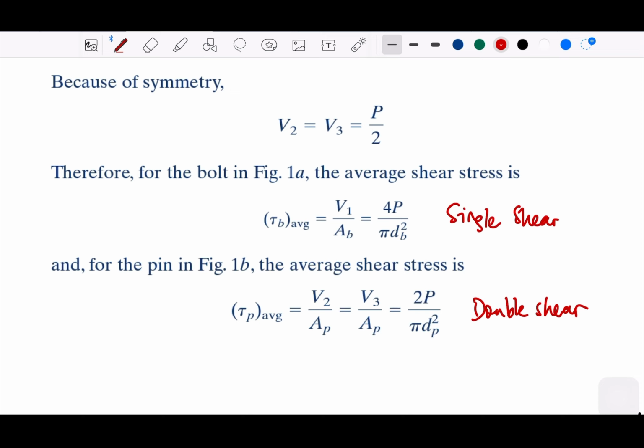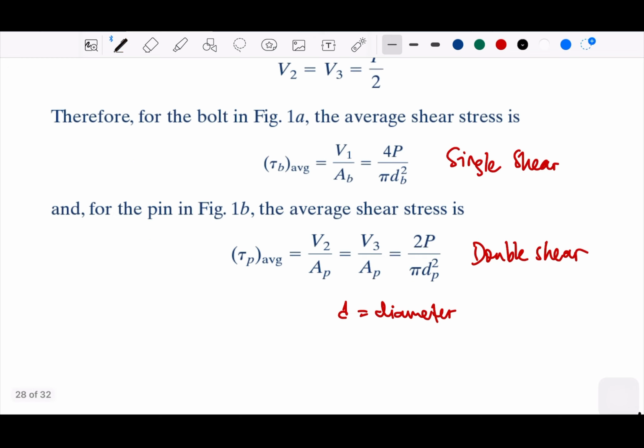This is diameter, so D is for diameter. But sometimes you can also write P over pi r squared.